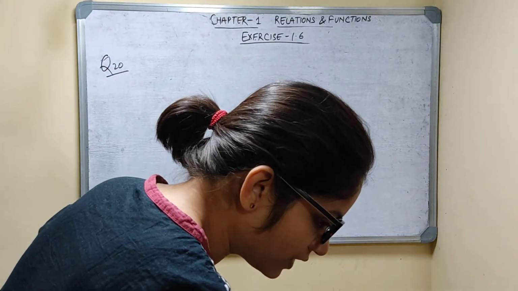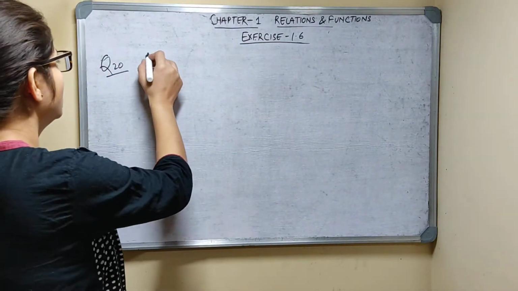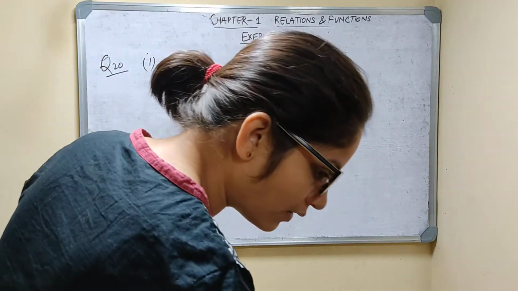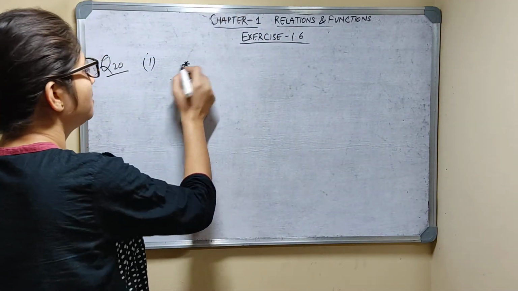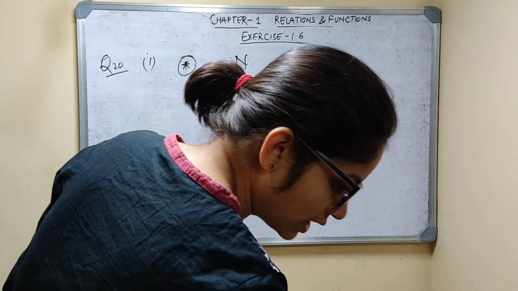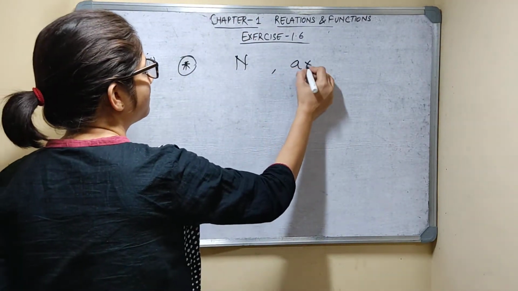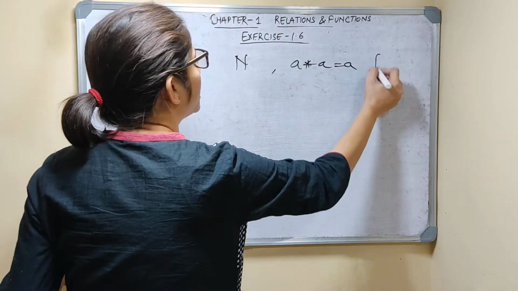State whether the following statements are true or false and justify. First part. For an arbitrary binary operation * on N, any binary operation on natural numbers, it is given a * a is equal to a. Is it true or not? a * a is equal to a for all a belongs to N.